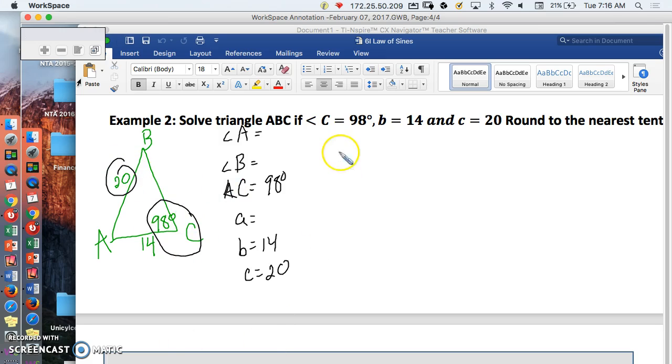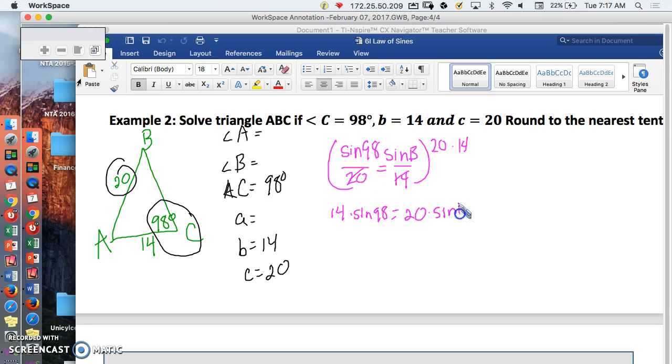So we could set this up. We know that the sine of 98 over 20, well, if we have 14 on top, needs to be the sine of b. So we're solving for the sine of b here, so 20 and 14. So we have 14 times the sine of 98 equals 20 times the sine of b.